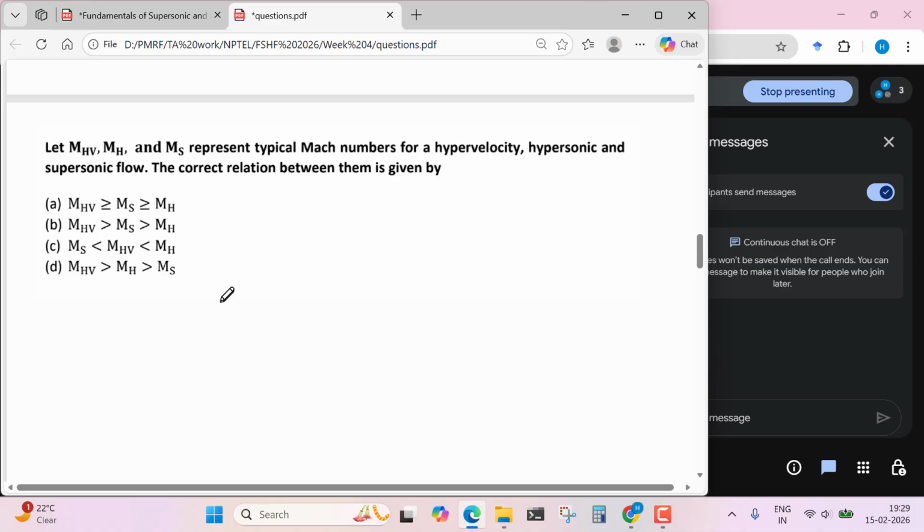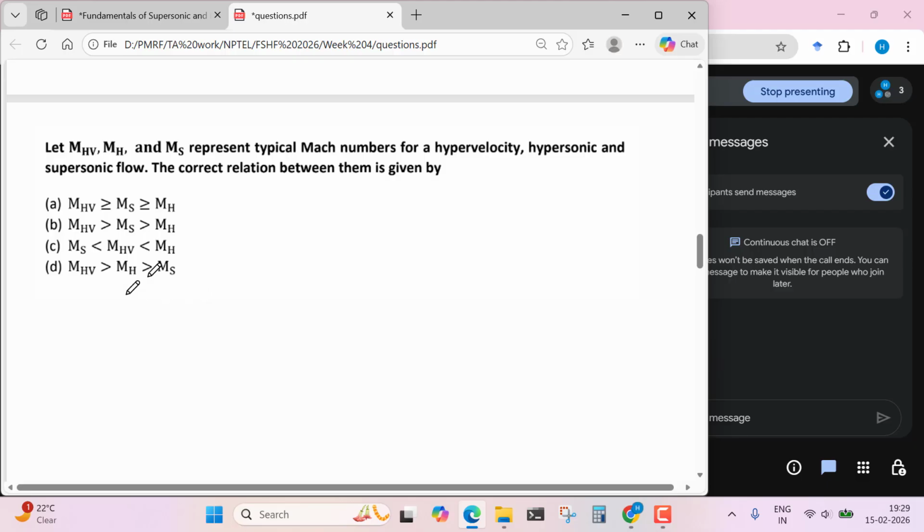Let MHV, MH and MS represent typical Mach number for a hypervelocity, hypersonic and supersonic flow. The correct relation between them is given by which of them?